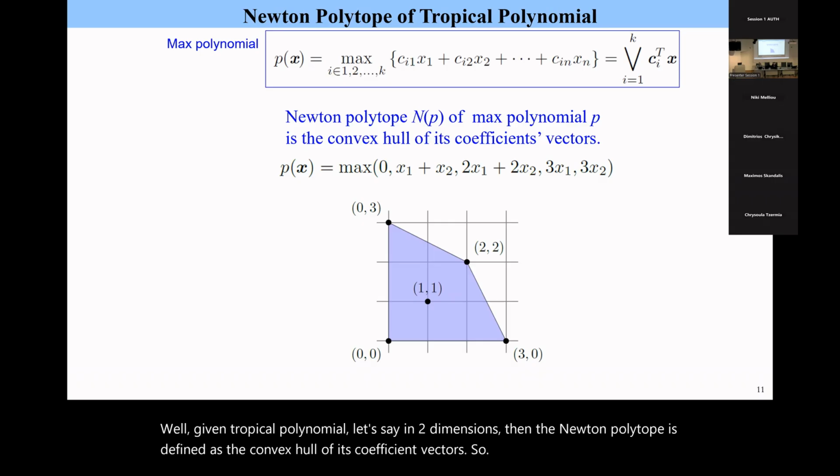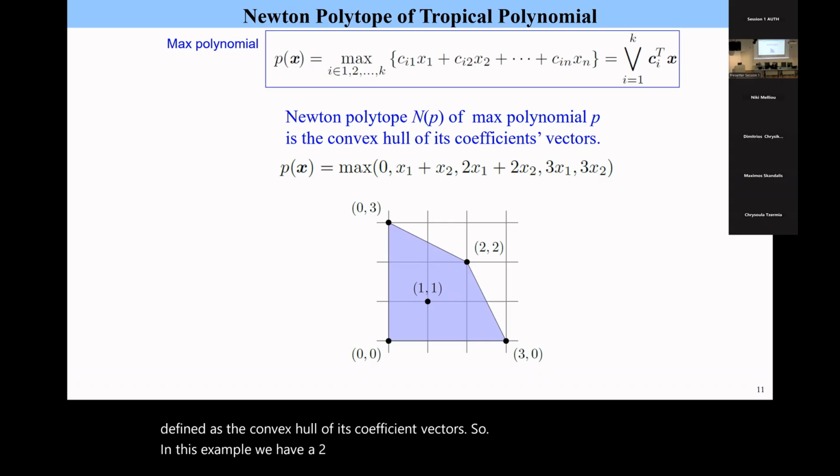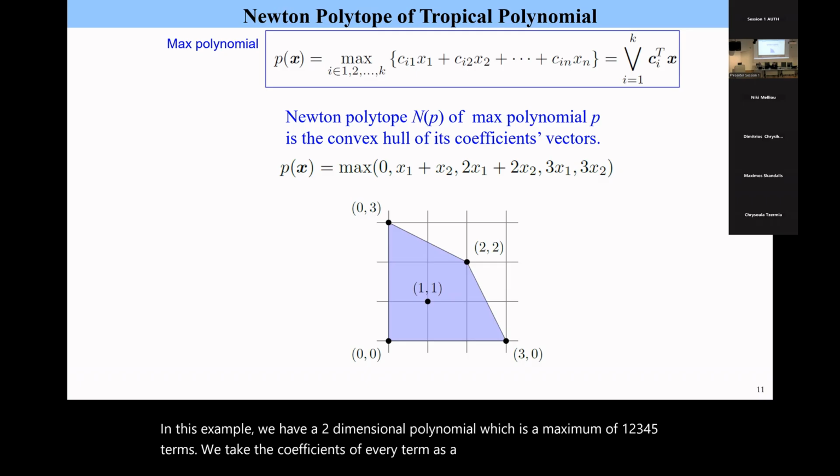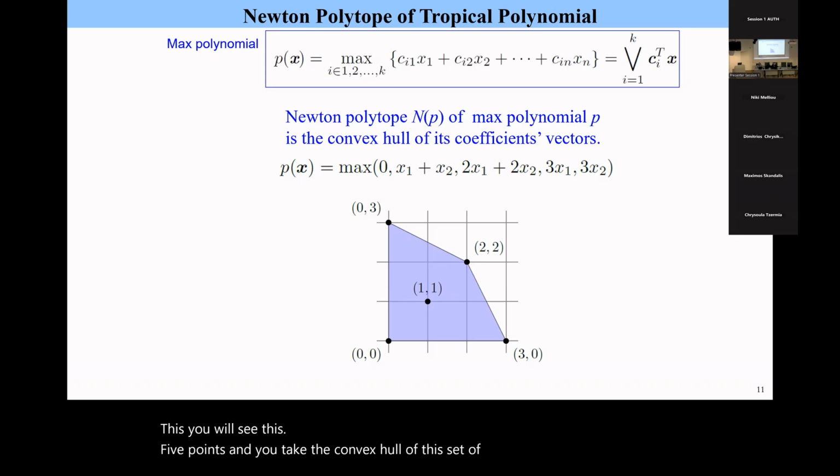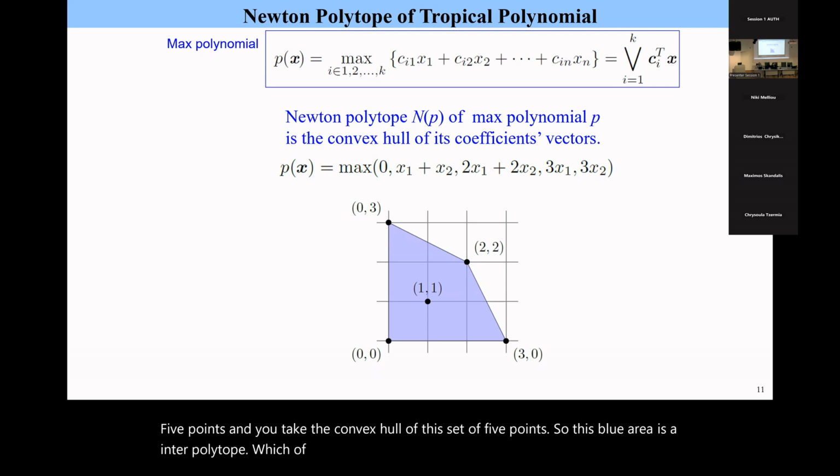In this example, we have a 2-dimensional polynomial with a maximum of 1, 2, 3, 4, 5 terms. We take the coefficients of every term as a vector. You will see these 5 points, and we take the convex hull of this set of 5 points. So this blue area is the Newton polytope, which of course is a convex set.